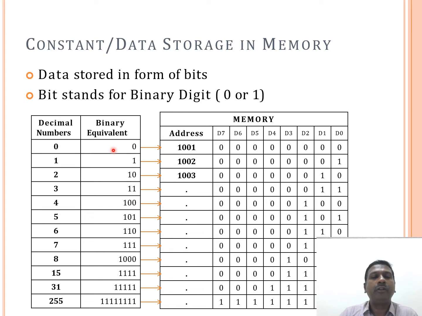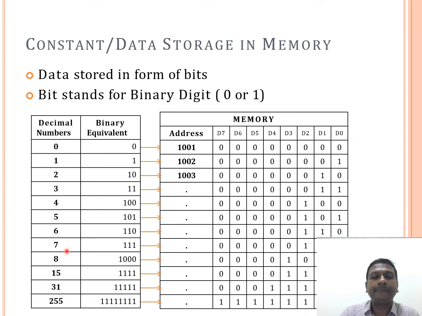So it will be converted into a binary equivalent, and this binary equivalent is what is going to be stored as part of my memory. For example, if I have 0, the 0 will be stored as all zeros in this particular place. Similarly, if I have data 1, then 1 will be stored as 0, 0, 0, 0, 0, 0, 0, 1. So this is how my data 1 is going to be stored.